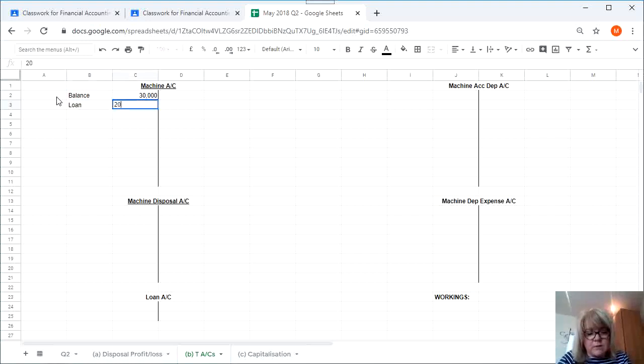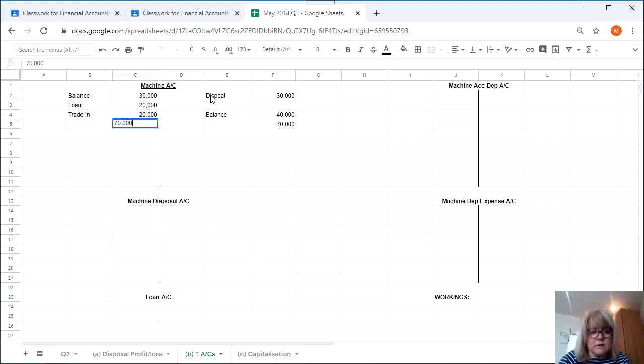We know then that we acquired a new machine of 40,000, and that was made up of a loan of 20,000, so that's how we financed it, and we also had a trade-in of 20,000, so the 40,000 was made up that way. And we know as well that we disposed of the 30,000, the old machine, so our balance then will be the 40,000, the new machine that we have.